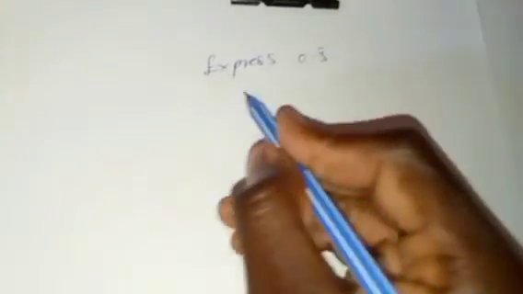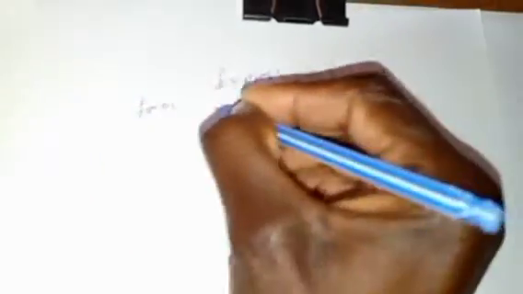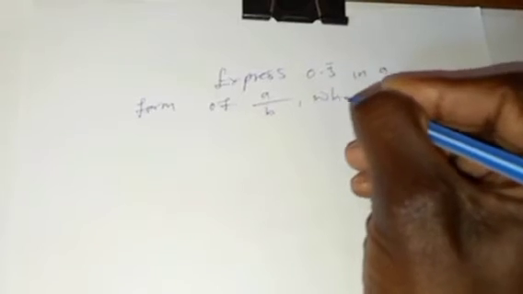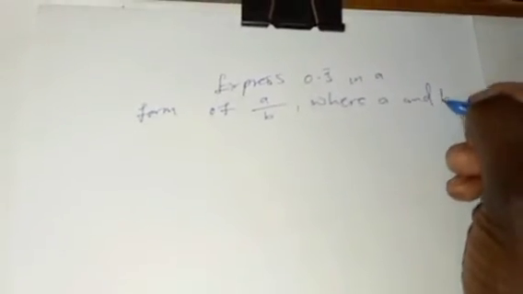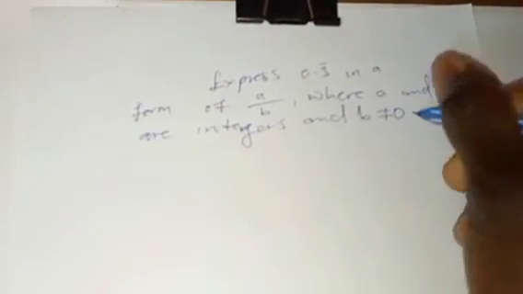So if they say express this in the form of a over b, where a and b are integers and b shouldn't be equal to 0, how can you express this in the form of a over b?